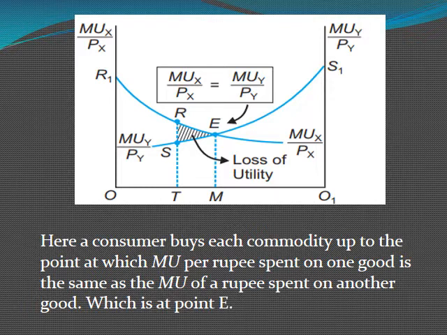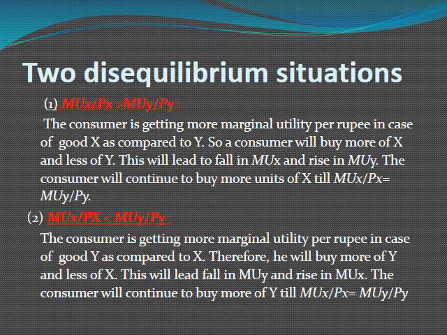Now any deviation from E, say right to the E or left to the E, that is disequilibrium. There are two disequilibrium situations.